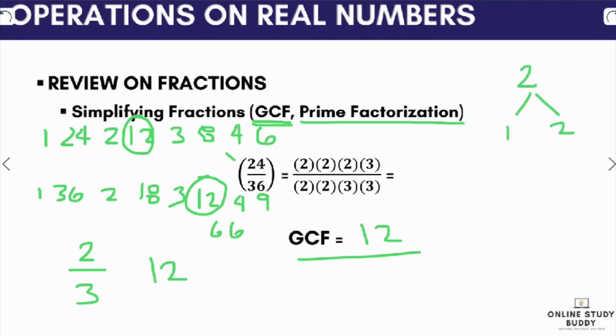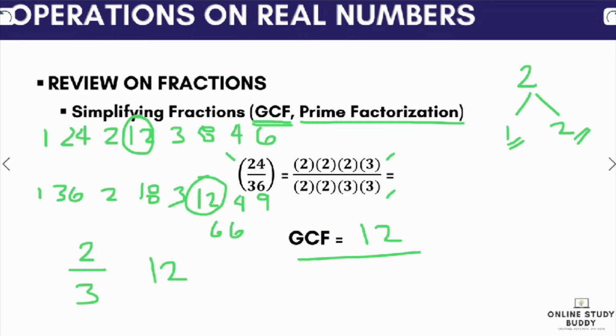So, in this example, yung prime factors ng 24 ay 2 times 2 times 2 times 3. So, pag minultiply mo to lahat, makukuha natin is 24. And then, yung prime factors ng 36 ay 2 times 2 times 3 times 3.